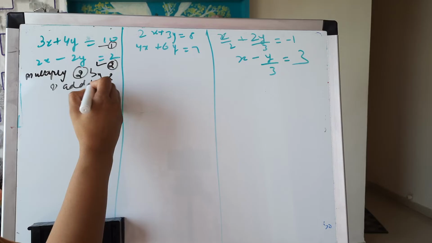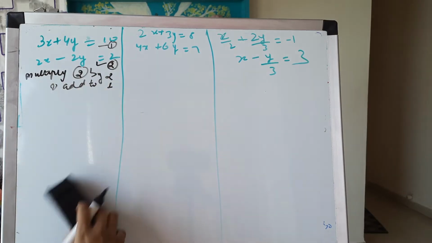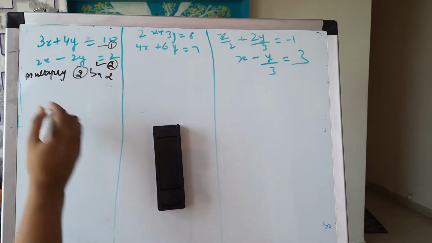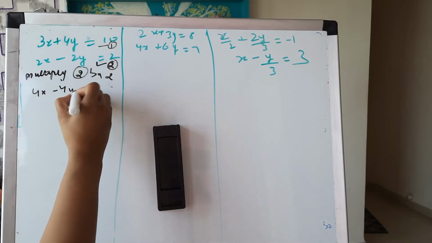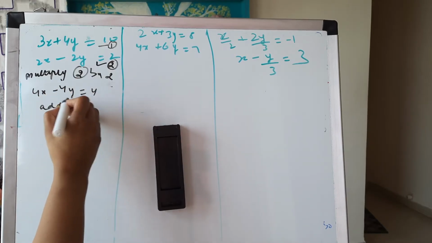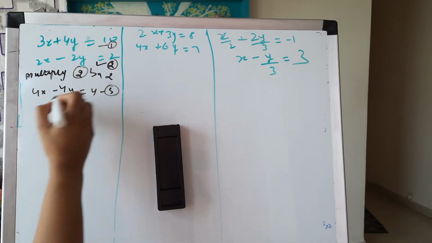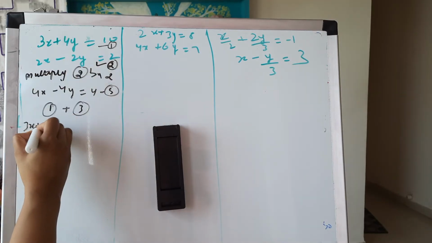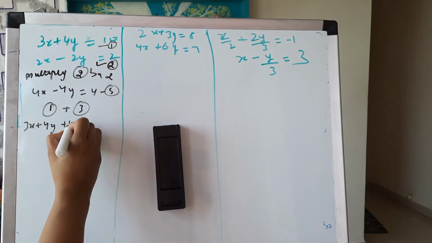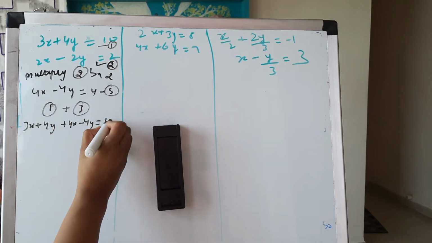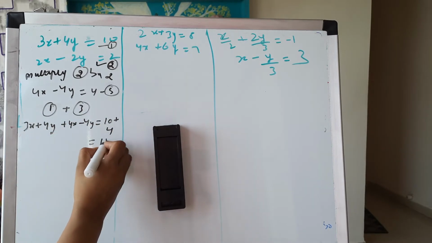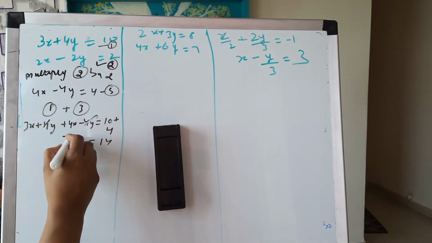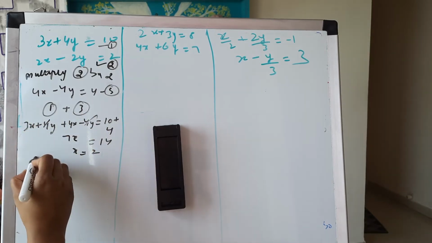First multiply 2 by 2, 4x minus 4y equal to 4. Add, so you can see this is 3x plus 4y plus 4x minus 4y equal to 10 plus 4, which is 14. This gives 7x equal to 14, x is equal to 2.